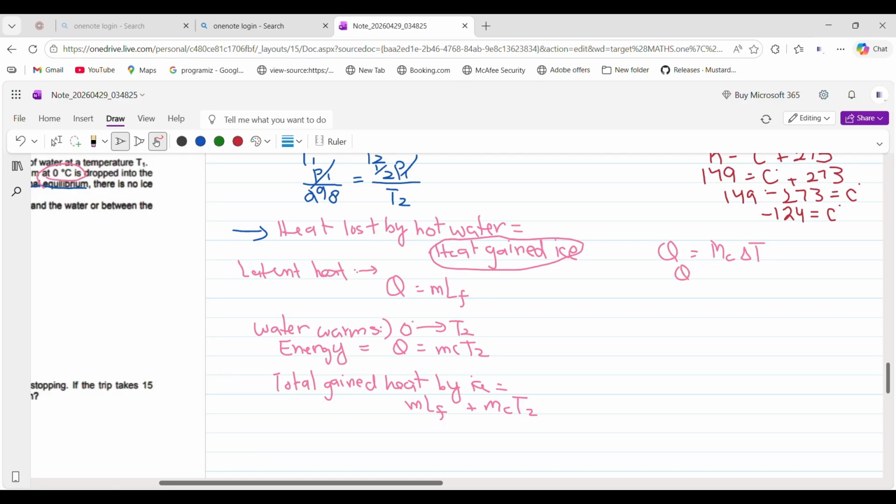So Q, the heat lost by water, is m c delta T, where delta T means change in temperature, T1 minus T2. Now these both heats are equal. Heat lost by hot water, m c (T1 minus T2), is equal to heat gained by ice, which is m Lf plus m c T2.